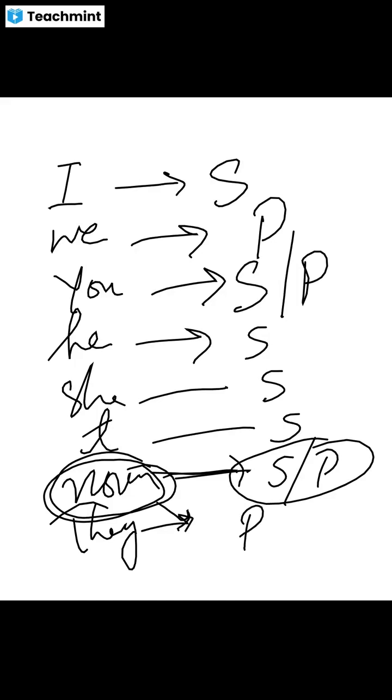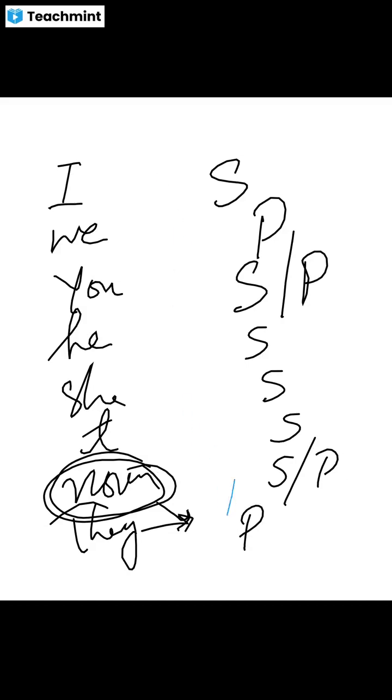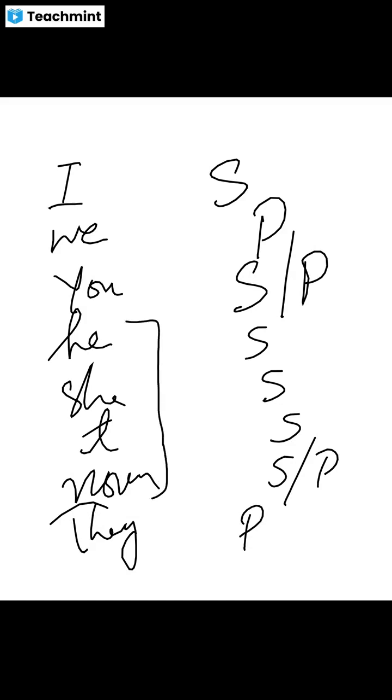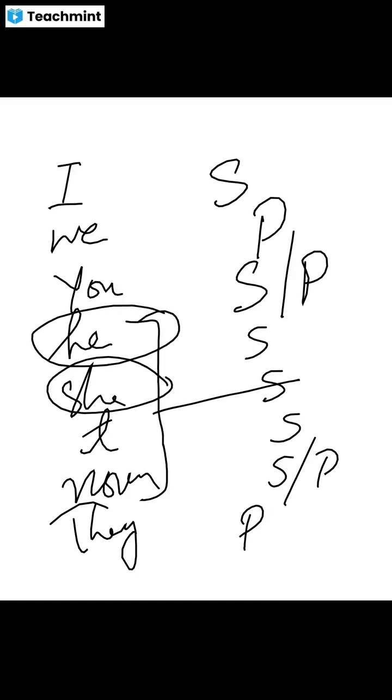Let me get back a second so that I can tell you there is one specific rule about it. He, she, it, and noun are singular, right? Now, can you tell me what is the plural of he, plural of she, plural of it? And if there are many nouns, plural of noun.